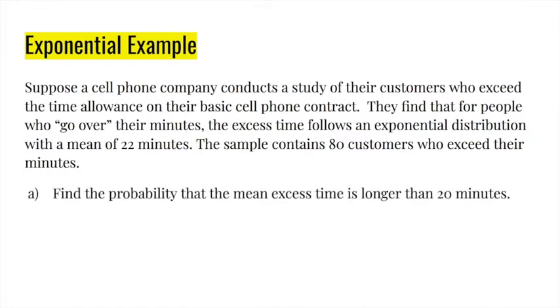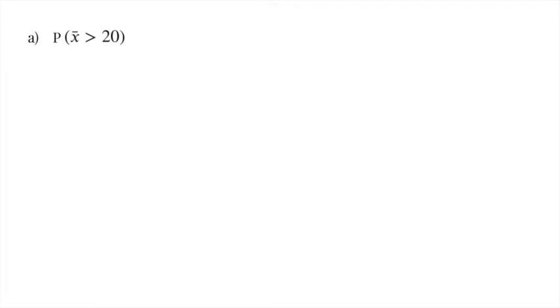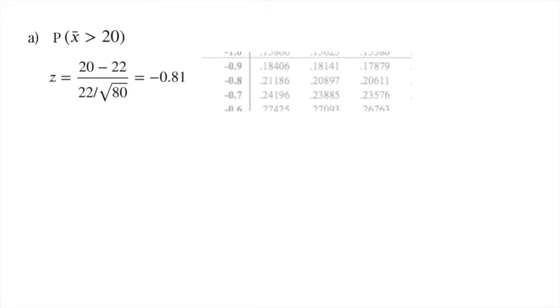Part A asks us, find the probability that the mean excess time is longer than 20 minutes. So here we have x bar greater than 20 as the probability we seek. We set up our z-score formula with the central limit theorem for means, and we get a z-score of negative 0.81. In our table, that would be right here at 0.20897.